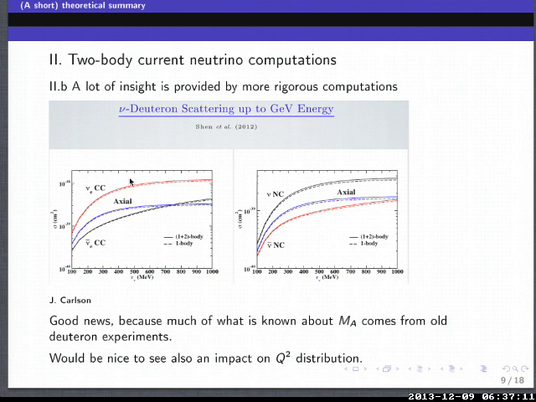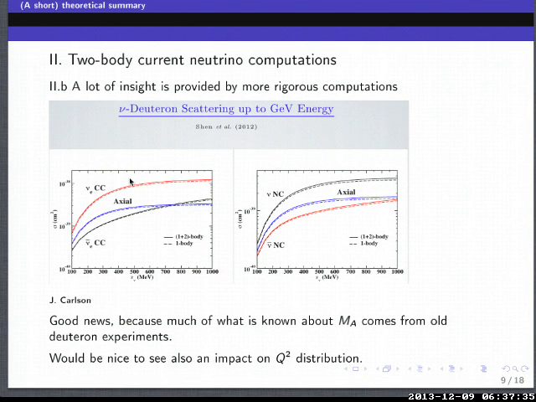Then we come back for a second to rigorous computations for neutrinos, and there are very nice results for the neutron target, both charged current and neutral current. These are not that new; they were published a year ago or so.